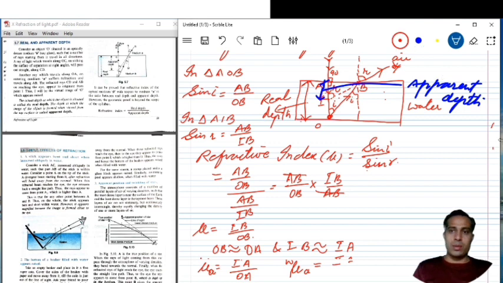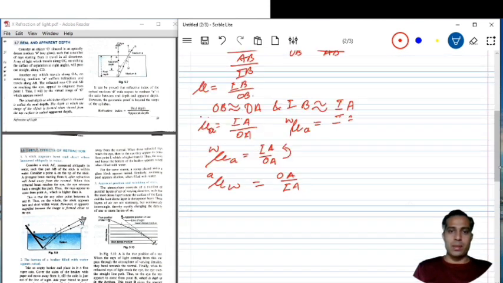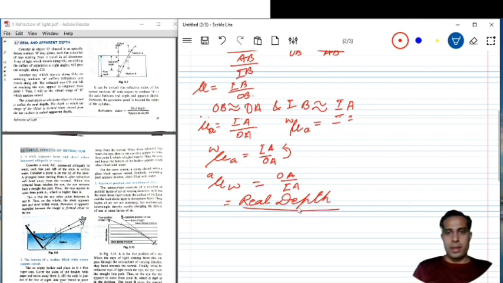So here we can say the refractive index is equal to OA, which is the real depth, over IA, which is the apparent depth.